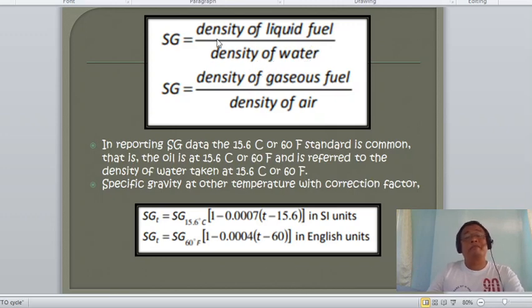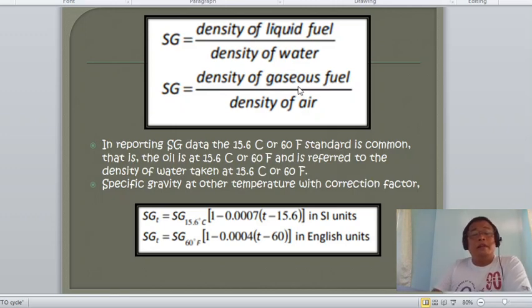For gaseous fuel, it is the density of the gaseous fuel divided by the density of air. Take note that the standard liquid used is water, and for gas, we use air.